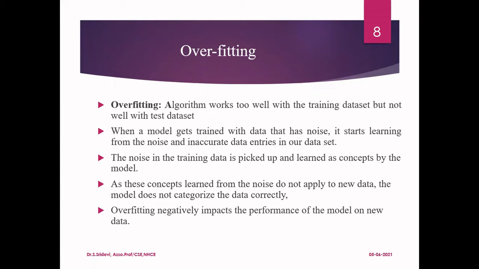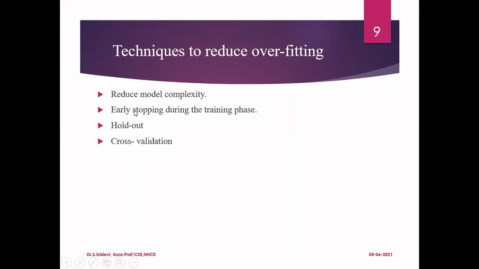Rarely I will make the mistake. But from that only it is learning. So as these concepts learned from the noise do not apply to the new data, the model does not categorize the new data correctly. So we can say that overfitting is creating a negative impact on the performance of the model on the new data.